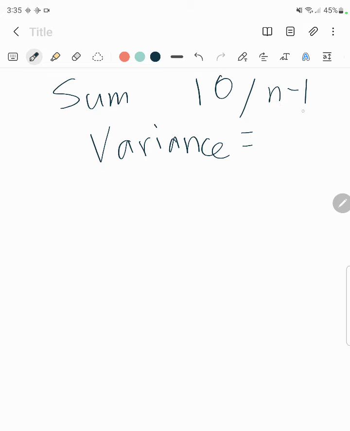So where does the n minus 1 come from? Remember when I said earlier about this being a sample? Every time you deal with a sample, you're going to be using the number minus 1. That's just a statistical adjustment for working with a sample. So when you take the sum, you're going to divide it by 5 numbers minus 1. So that's where the 4 comes from. There are 5 numbers in the data set, but in the sample, you do n minus 1. And so the variance is 2.5.